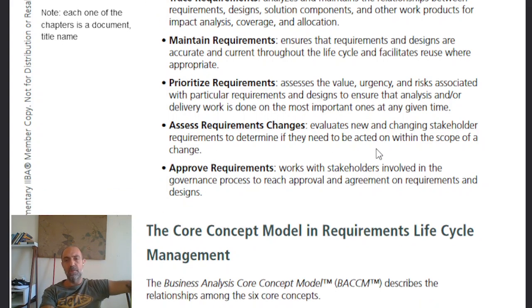Assess requirement changes evaluates new and changing stakeholder requirements to determine if they need to be acted on within the scope of a change. I'm sure all five of these are like, if you do anything new with the trace requirements, you have to go through all these four documents.